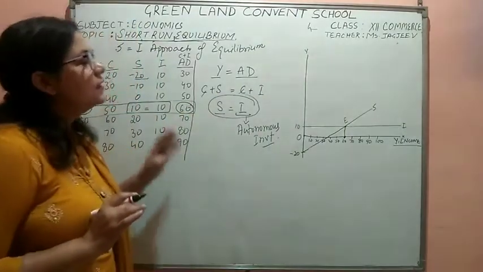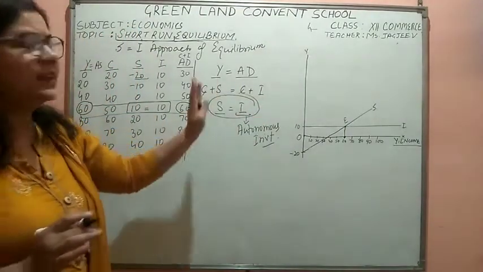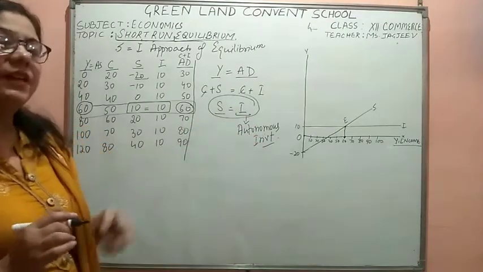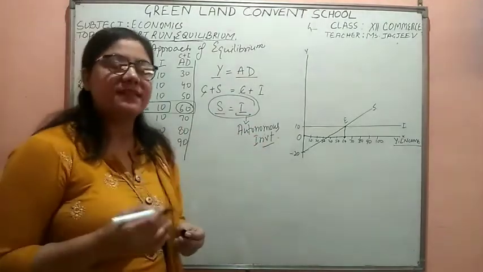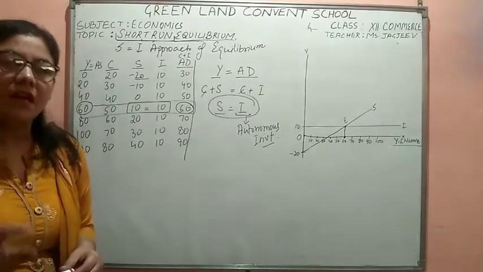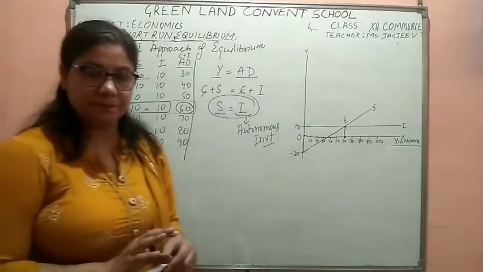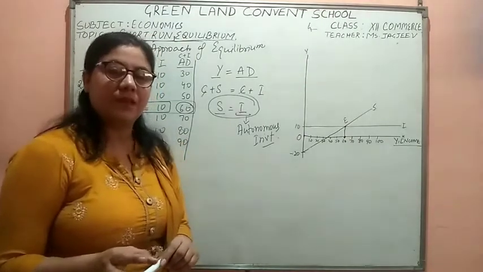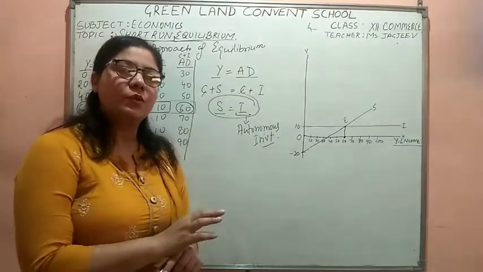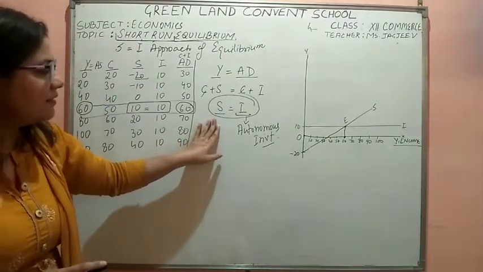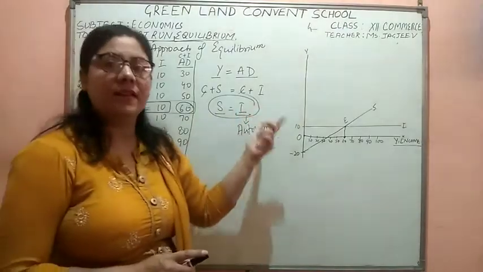Dear students, so this is a small equilibrium that can be easily represented. Whenever the ADAS approach or the SI approach comes, first of all you have to tell what equilibrium is. Equilibrium is a situation where planned consumption is equal to planned production. Here we are saying planned saving is equal to planned investment.